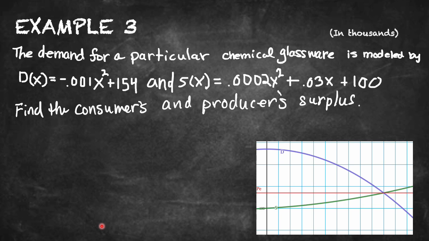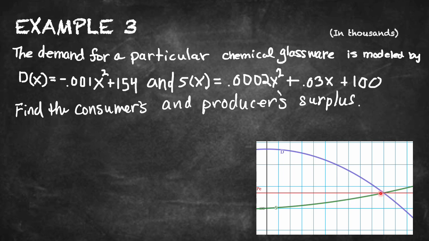And for the producer surplus, we want to find the area that's trapped between the price and the supply curve. So in order to set up those integration problems, we need to make sure that we know where the limits of integration are. We know that we're going to start at 0, but we've got to figure out how far we come out this way. And that's why we need to find that equilibrium point.